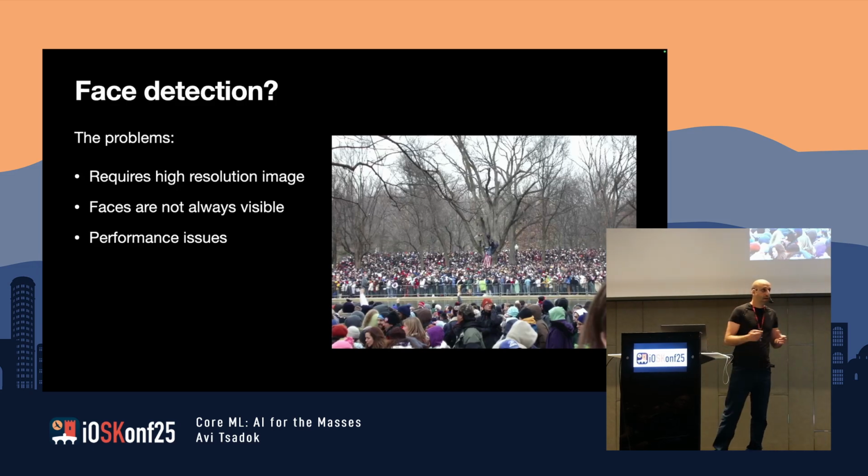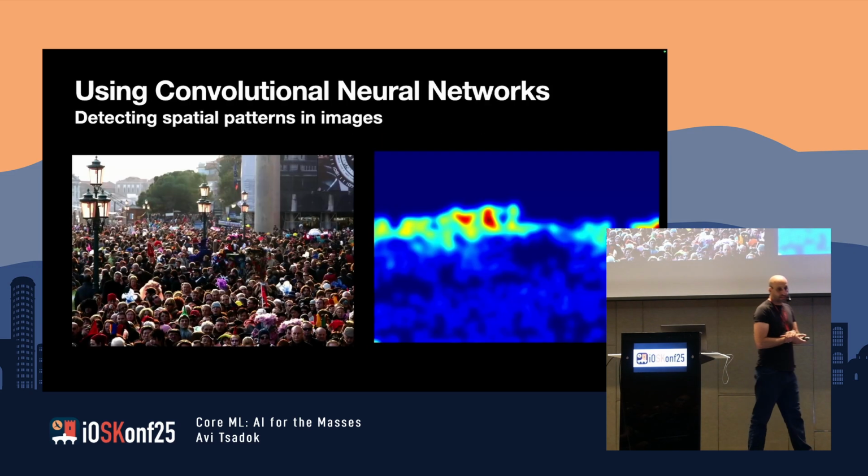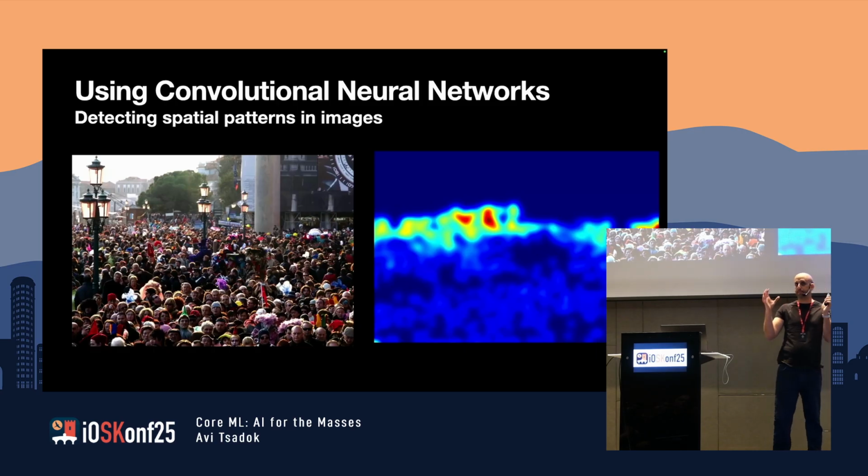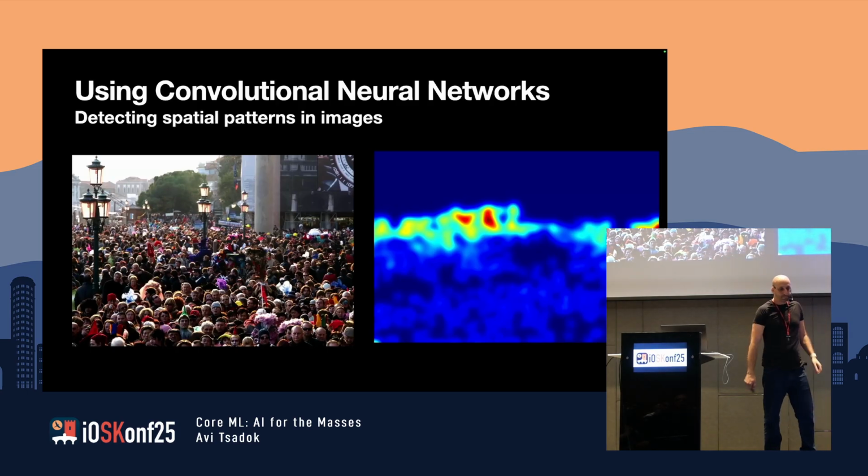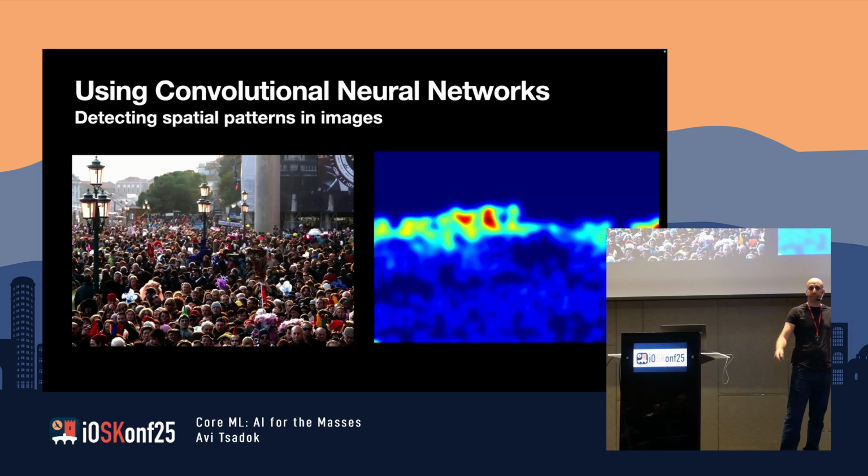So what do we do? We need a different approach. Neural networks have the ability to detect or classify patterns, like the circles of the heads, or the shape of the person itself. Now, if you look on the right, you see the heat map of the density of the people for the image on the left.